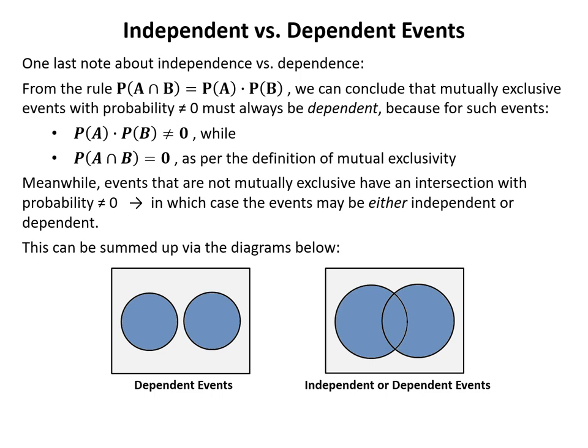If they are equal, then we say that the events are independent, whereas if the probability of the intersection does not equal the product of the individual probabilities, then we would conclude that the events, while not mutually exclusive, are still dependent events.